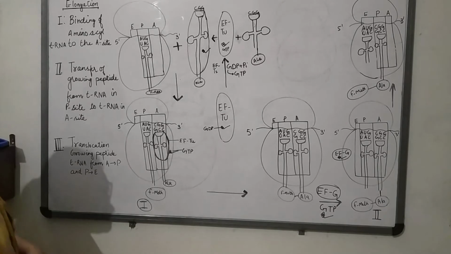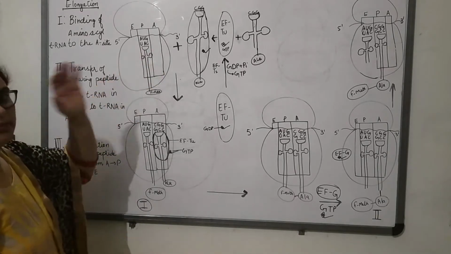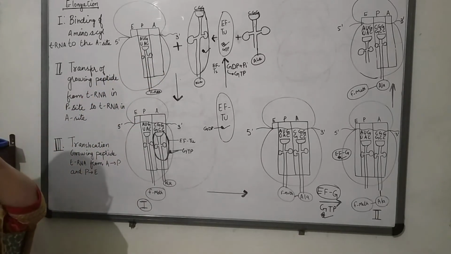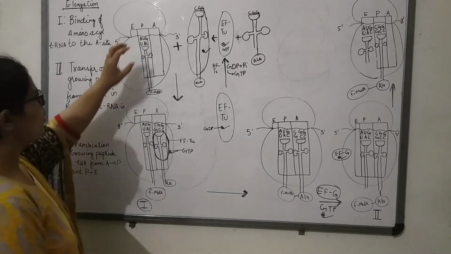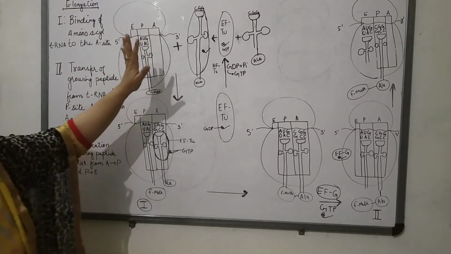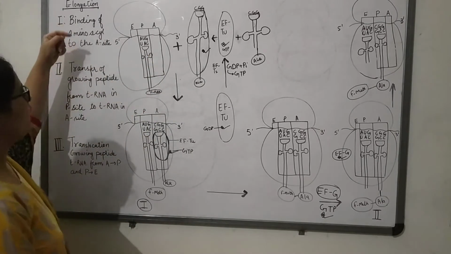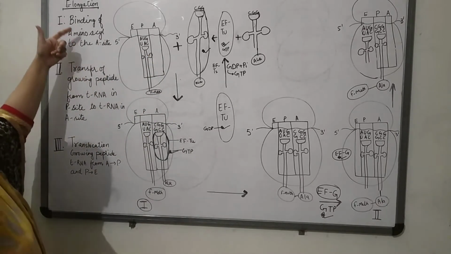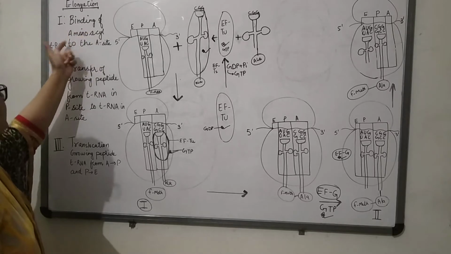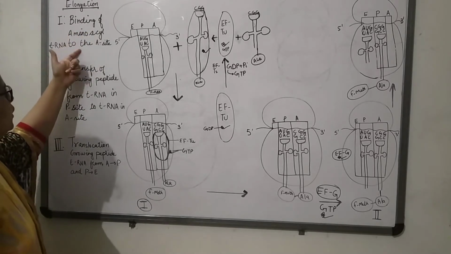In initiation, AUG, the formylated methionine in prokaryotes, already initiated translation. Now the first step in elongation is binding of the charged aminoacyl tRNA to the A site.